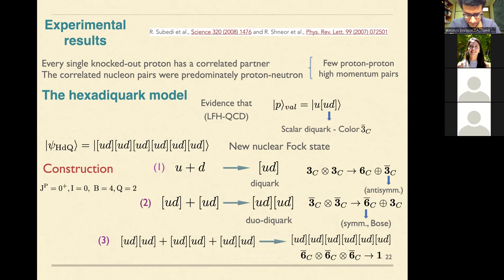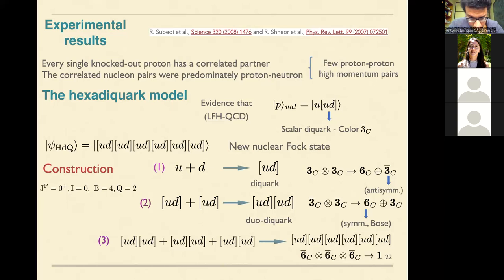Now we go to the next step. One of these diquarks is going to get together with another one, and it's going to form a dual diquark. These are effective bosons. So the 3-bar plus 3-bar, we want the symmetric part, and that's a 6-bar.